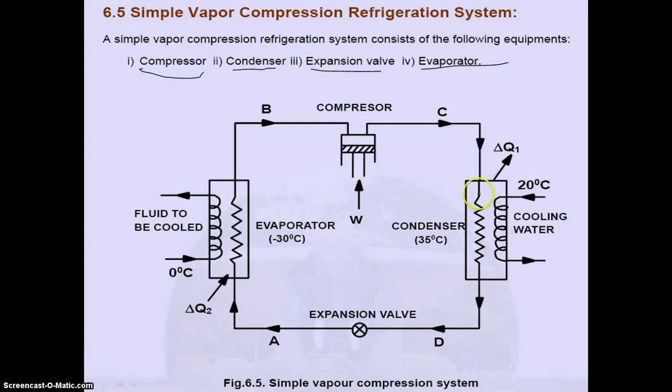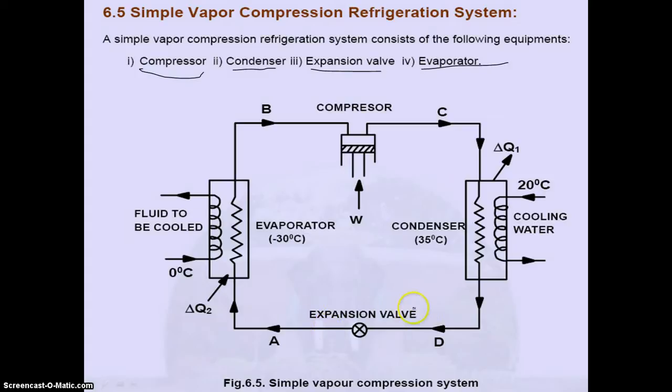Here a small amount of sensible heat from the vapor and also a large amount of latent heat is removed from this vapor. So the vapor is completely converted into liquid. This liquid is again expanded in the expansion valve. Normally the expansion valve is used to reduce the pressure.